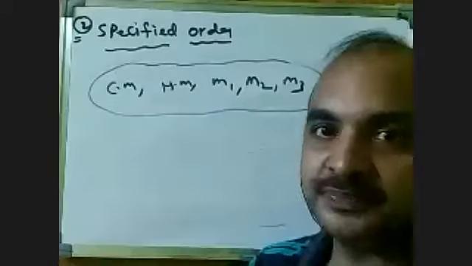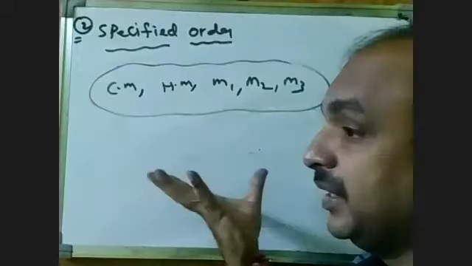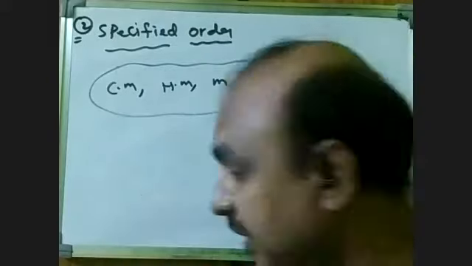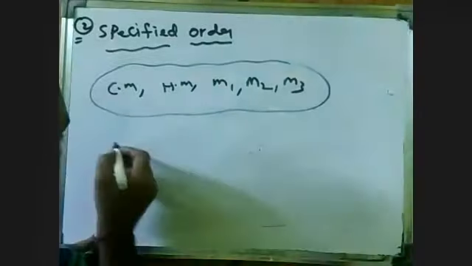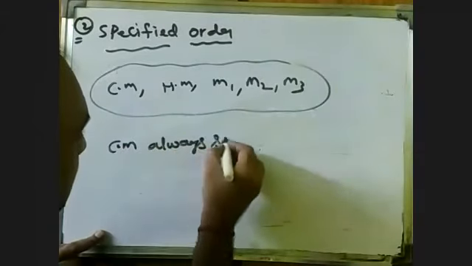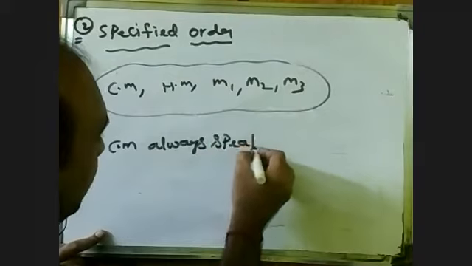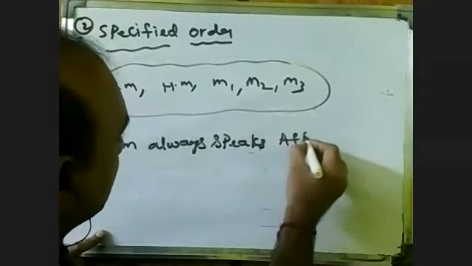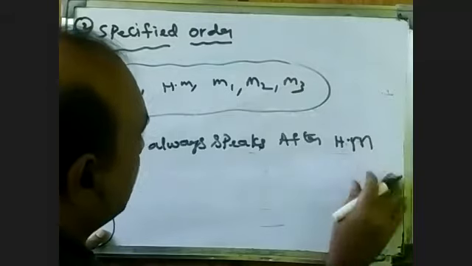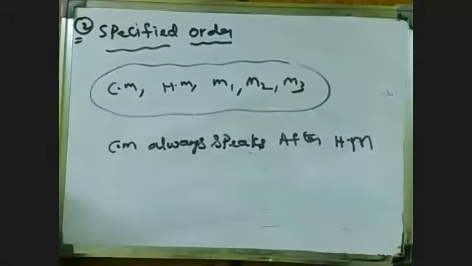Try to understand. I want to arrange the meeting order in such a way that CM always speaks after Home Minister. Just let me explain. What do you mean by this?